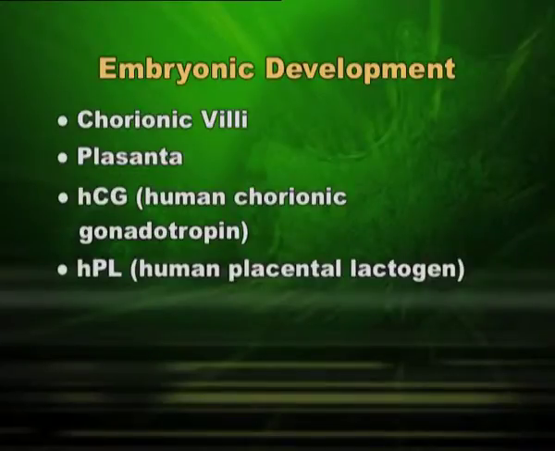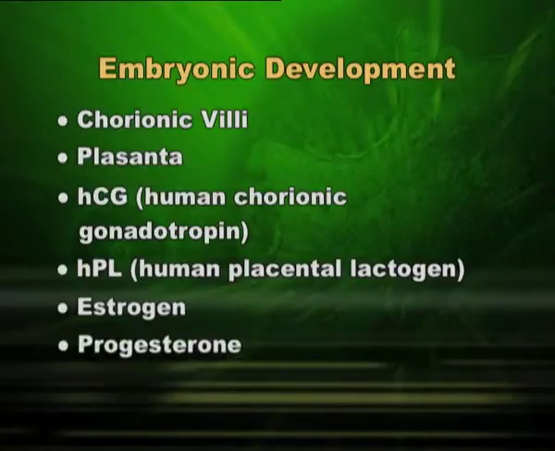HCG looks after the pregnancy in these 6 months. Estrogen, progesterone, you already know. HPL, human placental lactogen, which will now give the message to the breast to start producing milk, and relaxin will relax the uterus at the time of childbirth.